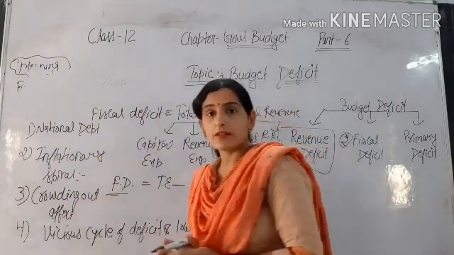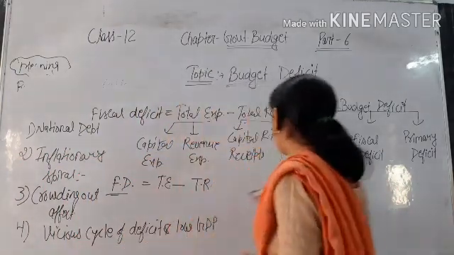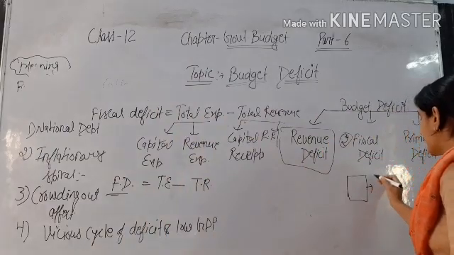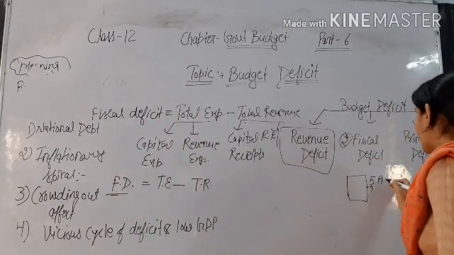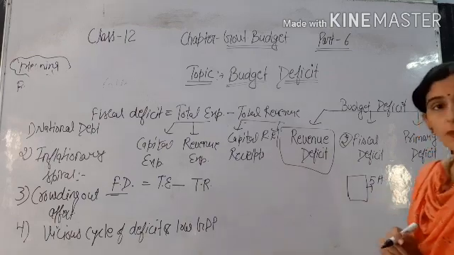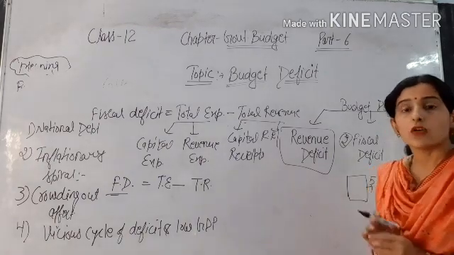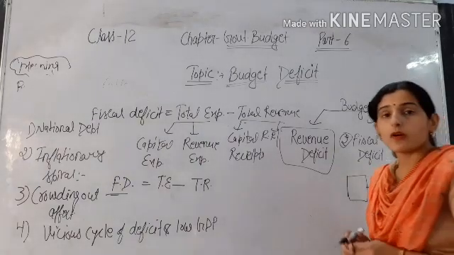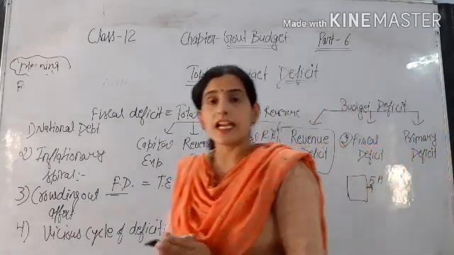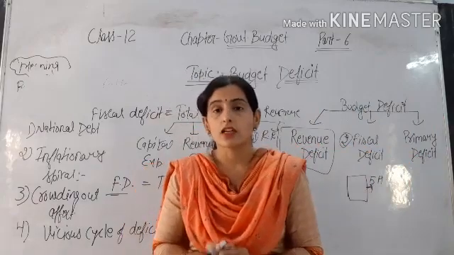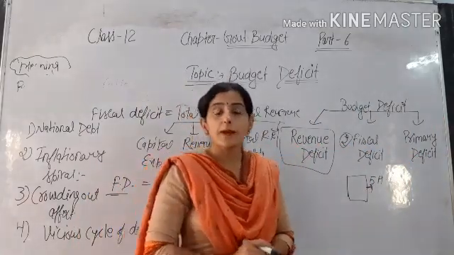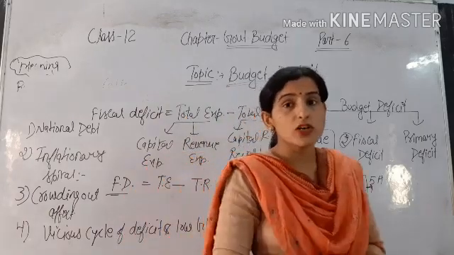For example, there is a farmer who has 5 hectares of land, and the farmer borrows money to buy fertilizer or to grow crops in his field. Due to some natural calamity, the crop is destroyed, and the farmer is not able to repay the loan.